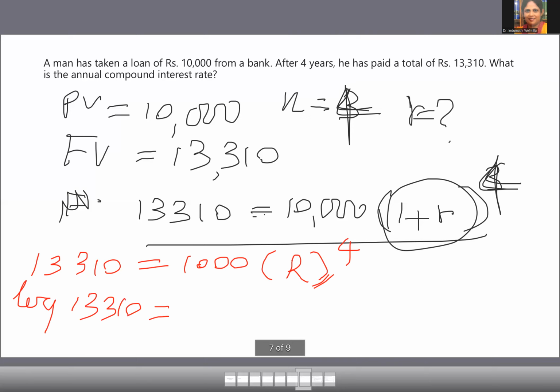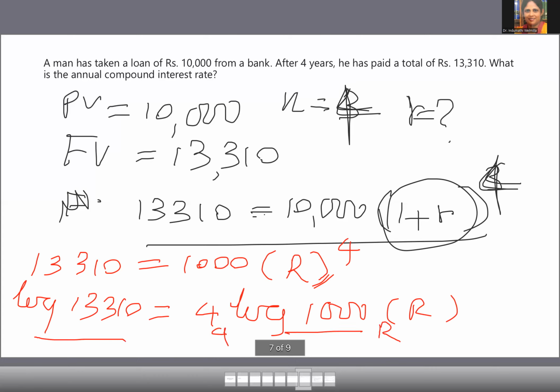Here when you take the log, 4 times log of (1 plus R). So then you can check with the log value in here. You can multiply this log value with R, and finally you can get R when dividing the other side value by this value.